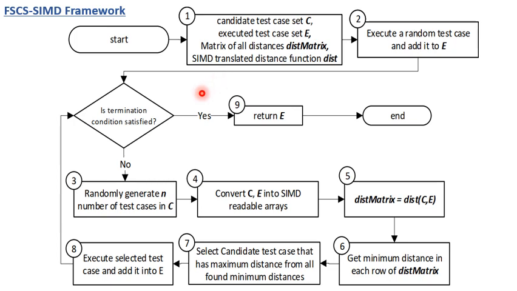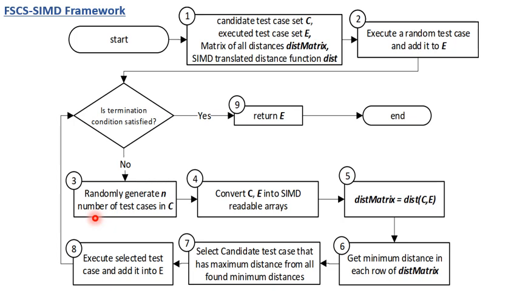In step 2, a randomly generated test case from the software input domain is executed and added to E. Then the termination criteria is evaluated. If the termination criteria is not satisfied, the algorithm moves to step 3, and n candidate test cases are randomly generated, preferably with uniform distribution, from the software input domain.